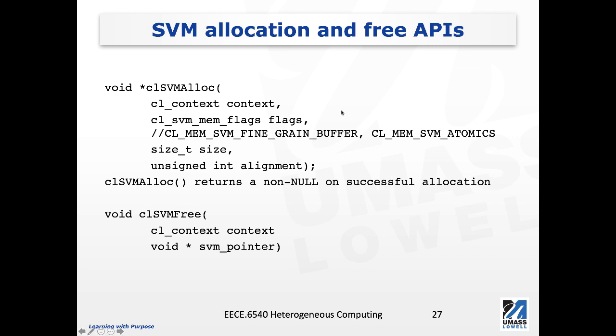It takes the context as the first argument, with possibly some flags indicating the granularity, and the size and the alignment. This SVM alloc will return a non-null pointer if the allocation of the shared memory is successful. And after that buffer is used, we can then free the buffer.